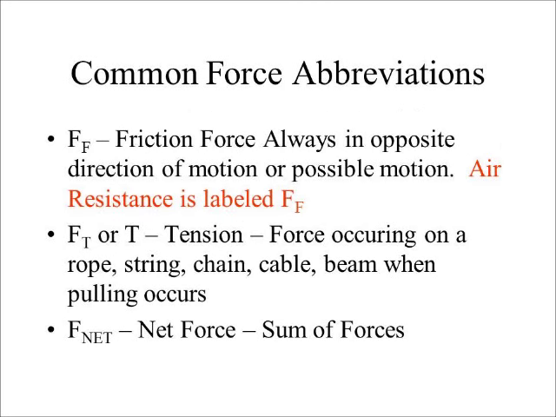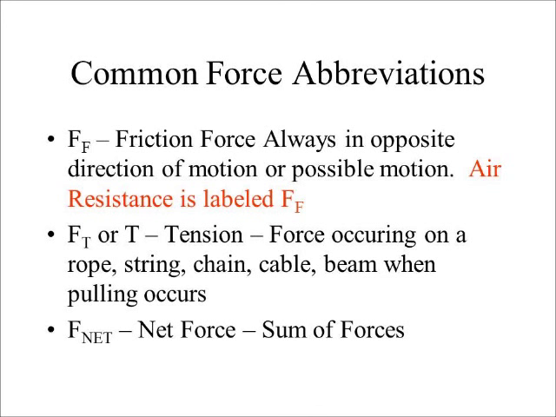Other force abbreviations, FF is the frictional force, and sometimes you'll see that written as a script F as well, and I'll show you that in class oftentimes when I'm doing calculations. But remember that air resistance is also a frictional force. The tension force will be labeled as a capital T, but sometimes as FT with the subscript of T, and that's a pull that exists from a rope, a chain, cable, anything else.